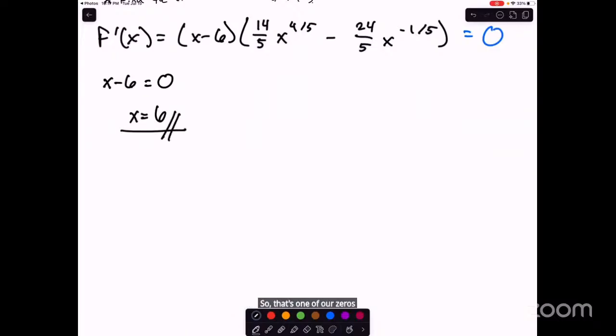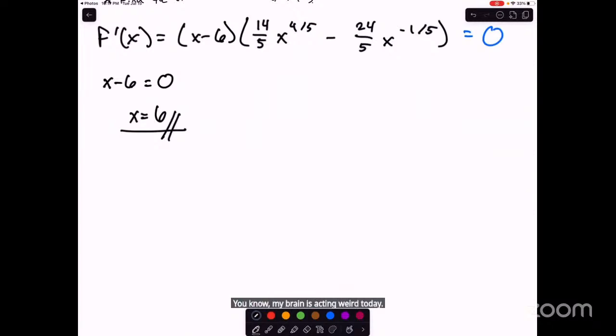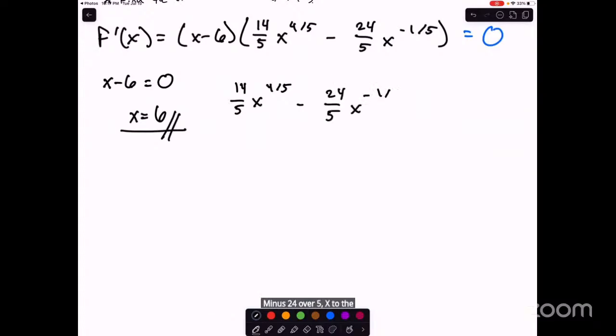Now this other one, I'm sure there's more simplification we can do, but my brain is acting weird today. So we got this 14 over 5 x to the 4 over 5 minus 24 over 5 x to the negative 1 over 5. We want to set this equal to 0 and solve.